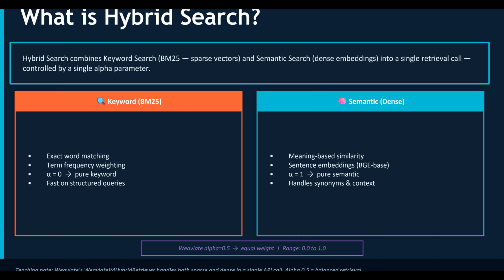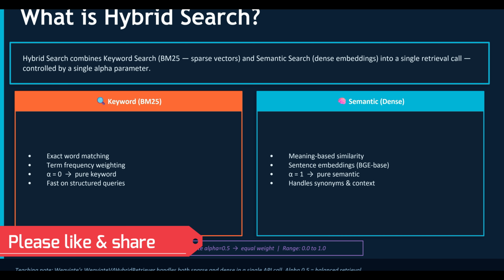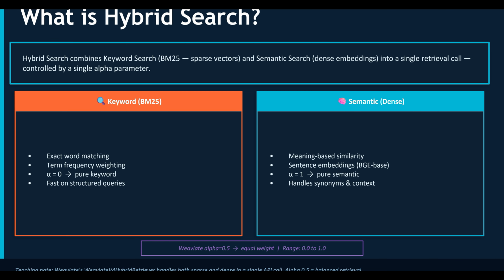This is a classic information retrieval algorithm that looks at exact word match and term frequency. It's great when users type specific terms. The second is semantic search, where we convert text into dense vector embeddings that capture meaning, not just keywords.